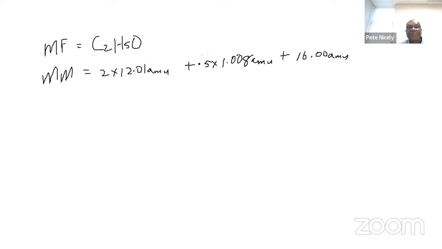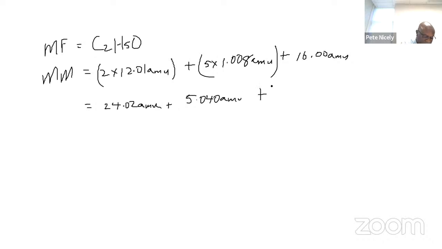So let me just put parentheses here and here just to make sure everything is straightened out. So this part here will be equal to 24.02 AMU plus 5.040 AMU plus 16. Okay, so this should be 16.00.